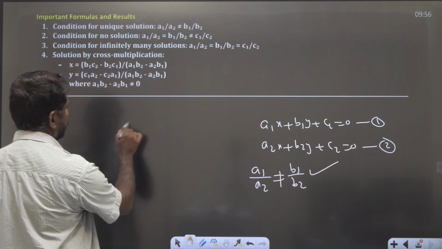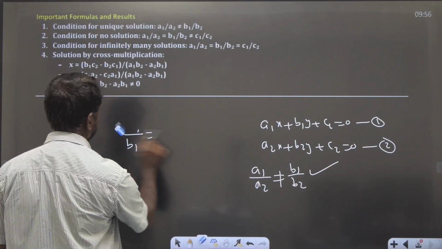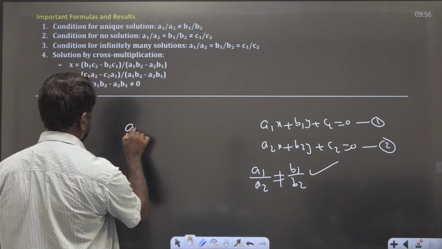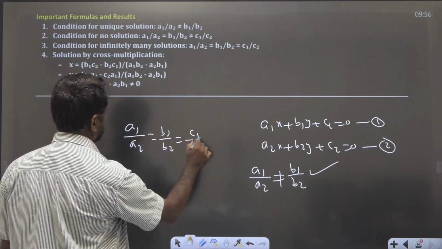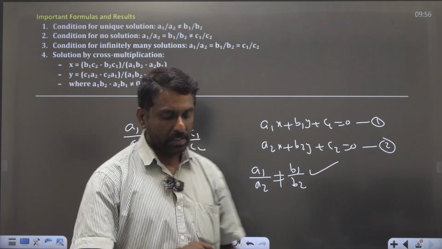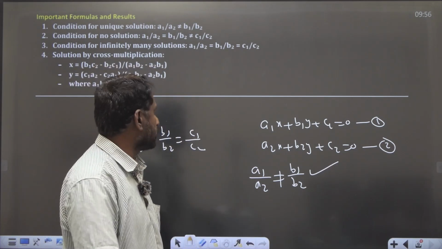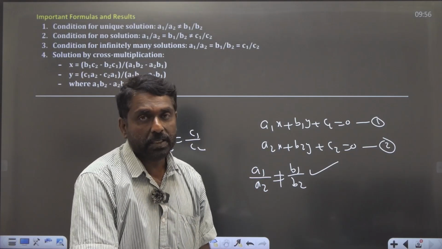Another case: if a1 by a2 equal to b1 by b2 equal to c1 by c2, then also the system is consistent, but there exist infinitely many solutions.